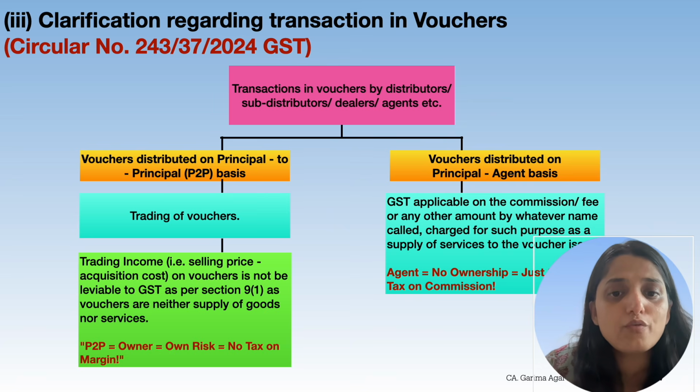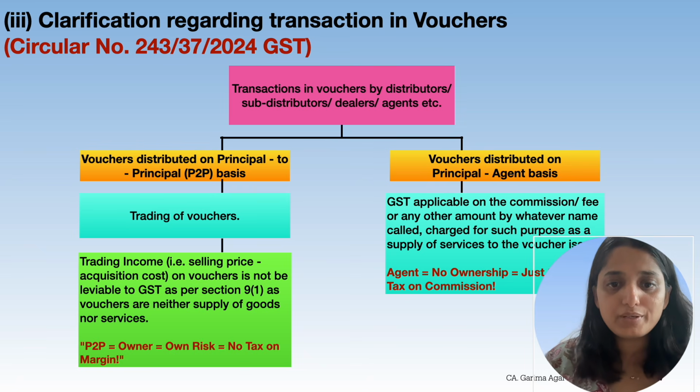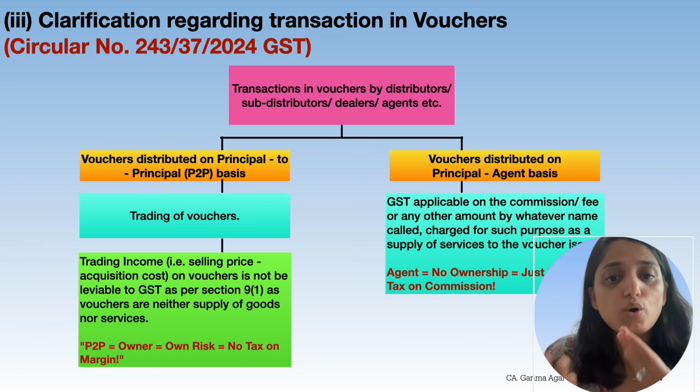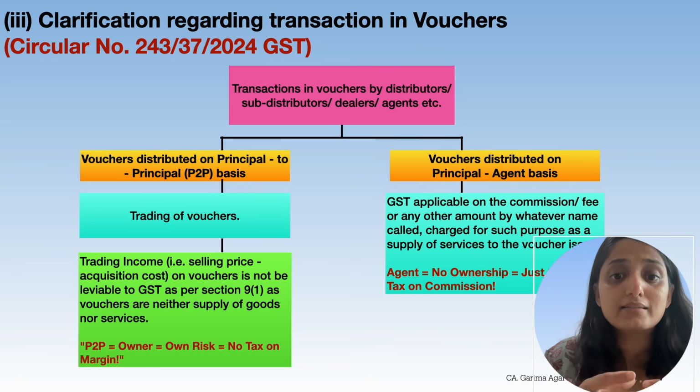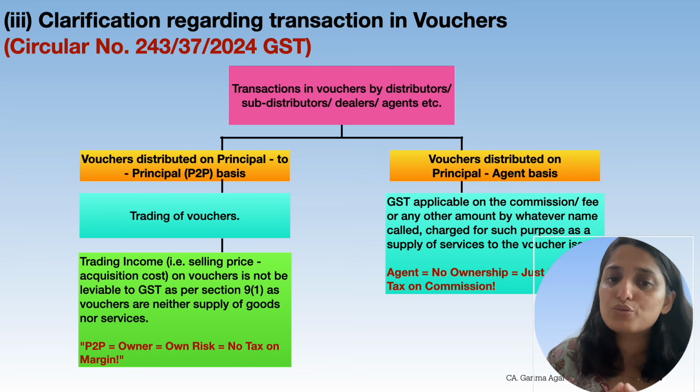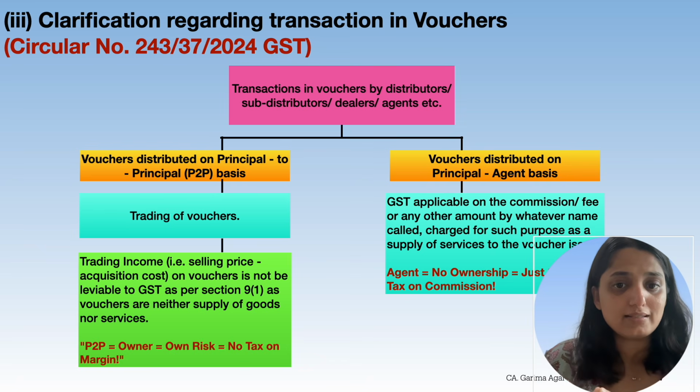That's why the sale of vouchers on a principal to principal basis is not subject to GST, as it is not a supply. Therefore, the margin that the seller derives on selling those vouchers will be considered as his trading income, and that trading income is not subject to GST, because a voucher is not a good or a service.